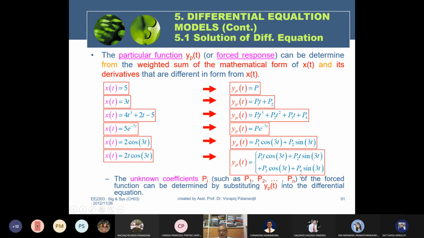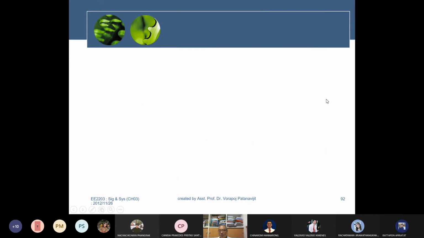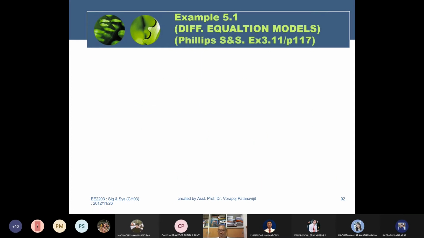This slide only shows some terms that you frequently find in engineering. If it is more complicated than that, try to take the derivatives of x(t) and sum them. Later, the unknown coefficients P of the forced response can be determined by substituting yp in the differential equation. This is only the abstract, or theoretical, point of view.